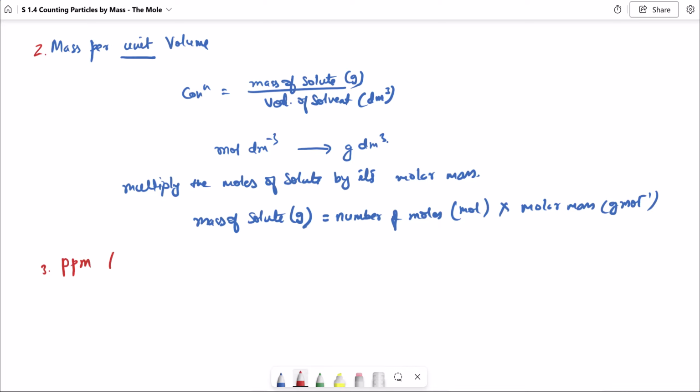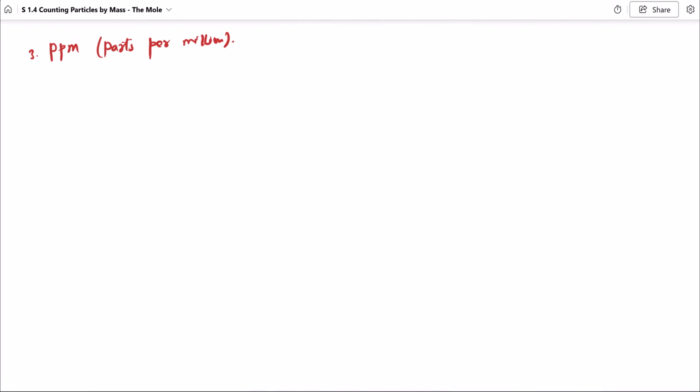The third method is ppm, parts per million. So this is also a way, when expressing extremely low concentration, right, then we use this parts per million.